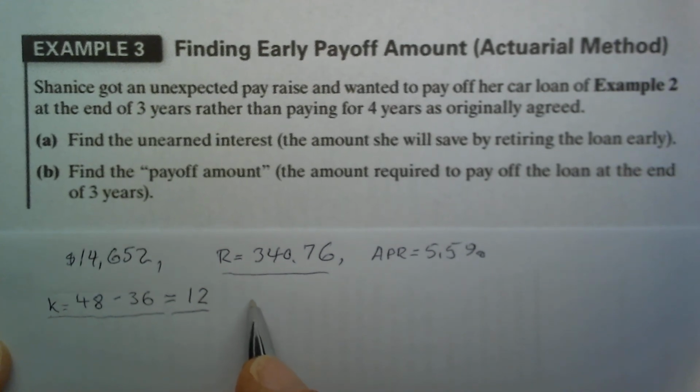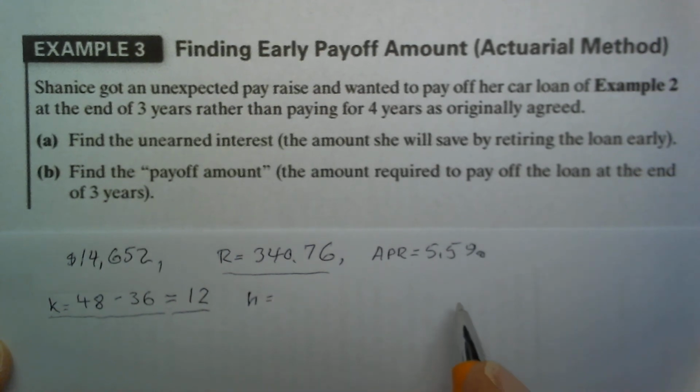Now we need to know what H is, the amount financed per $100. Since we know the APR and we know the number of payments, we go to table 5, and on the left side we go to n equals 12 payments left.